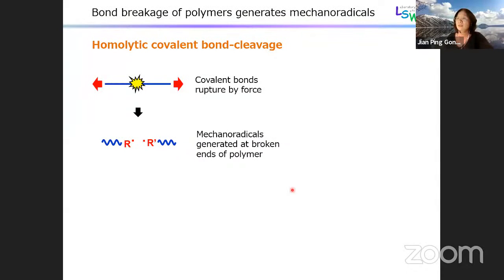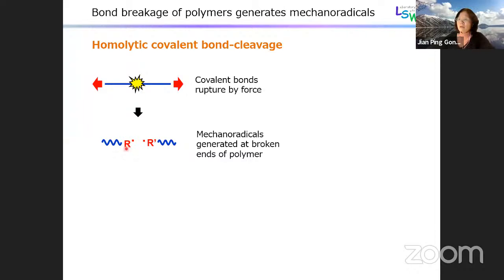So then there's another choice to use mechanochemistry, that is to use mechanoradicals. When a polymer chain is stretched and broken under the mechanical force, if the covalent bond breaks in a homolytic way, then at the broken ends of the polymer chain, mechanoradicals are generated.